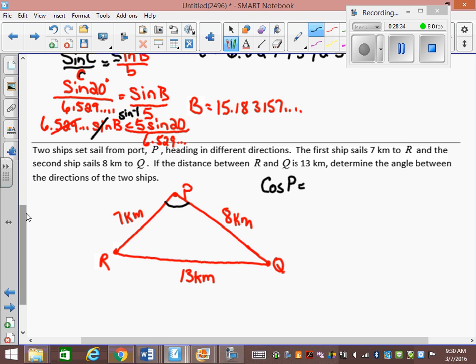So what we're going to do is this is little p, this is little r, this is little q, okay? We're going to subtract the side that matches. So we're going to add the 2 sides that don't. So r squared plus q squared minus p squared. And it didn't matter if you put q squared plus r squared, that doesn't matter. All that matters is that you have to subtract off the side that matches the angle.